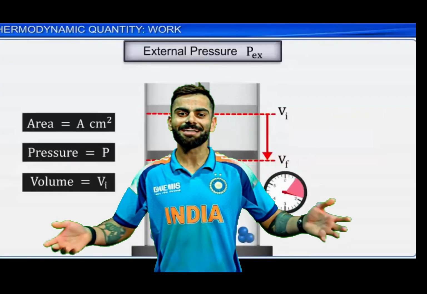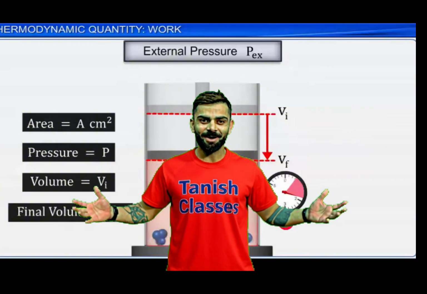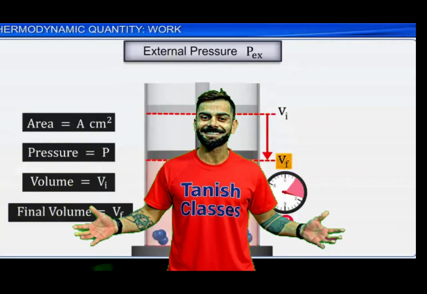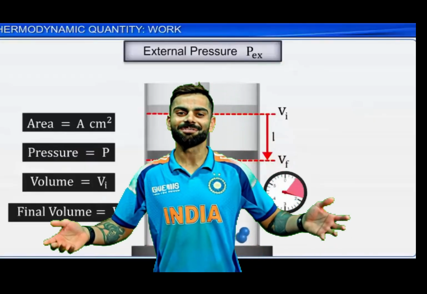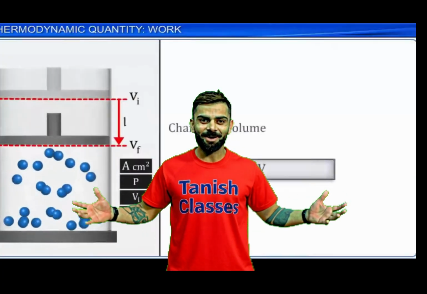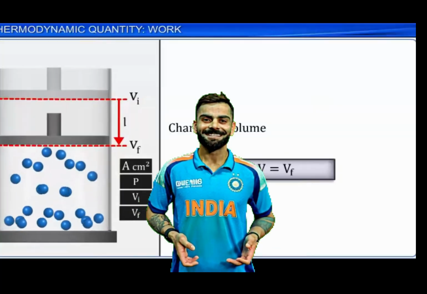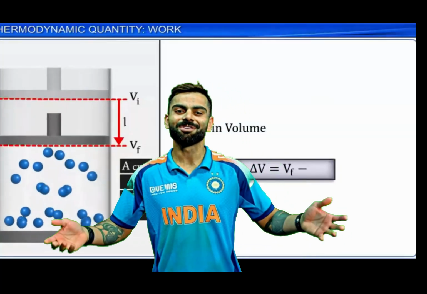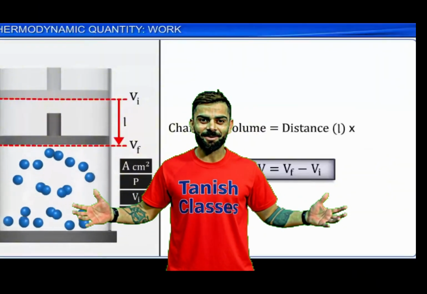At this stage, the final volume of the system is represented by Vf, and the distance that the piston is moved is represented by L. Thus, the change in the volume, that is, final volume Vf minus initial volume Vi, is distance L multiplied by area A.